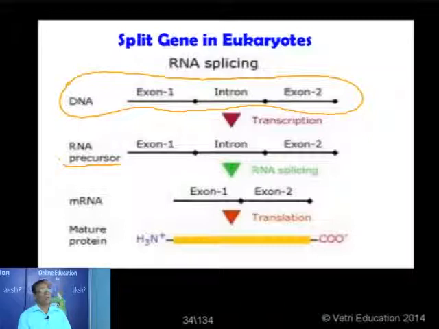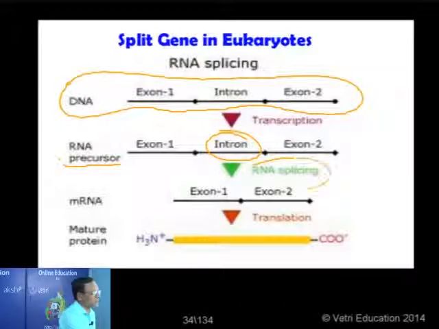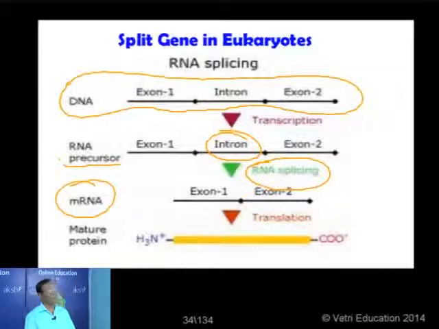Now we need only the exons; we don't want the intron. There occurs a process called RNA splicing. What is RNA splicing? The unwanted sequences, namely the introns, are removed and the coding sequences are joined together to form a mature mRNA. This mature mRNA contains only exon 1 and exon 2, the coding sequences.